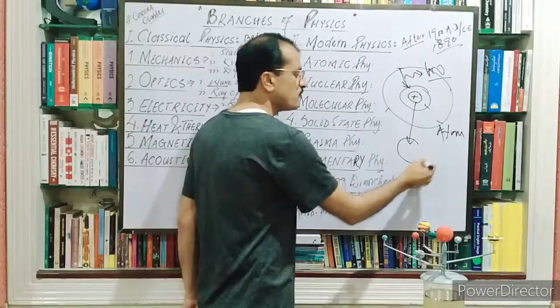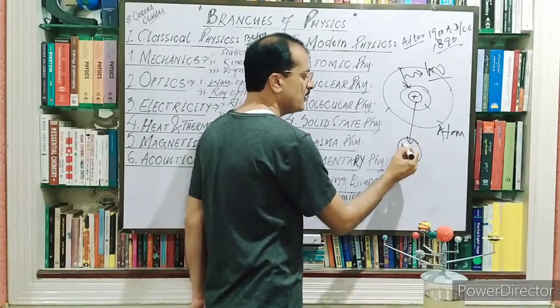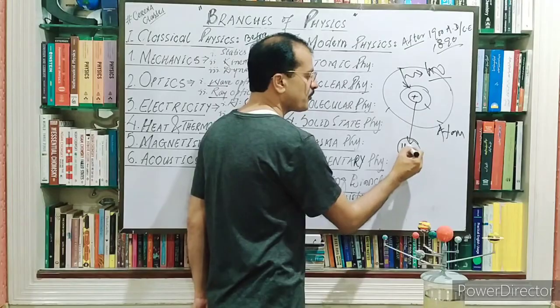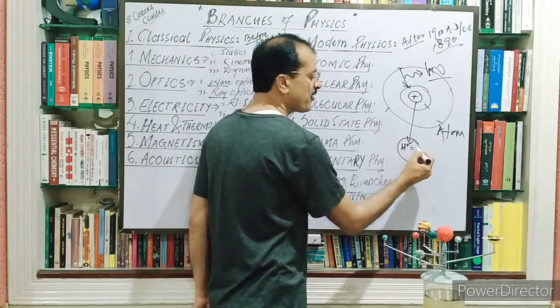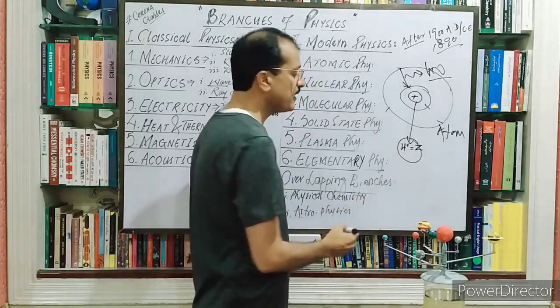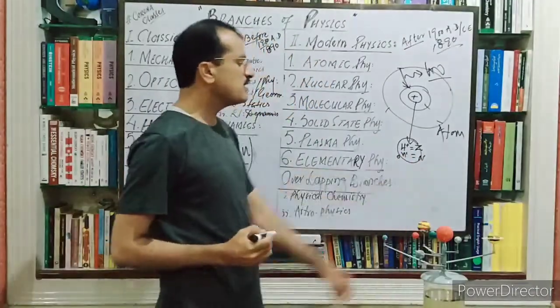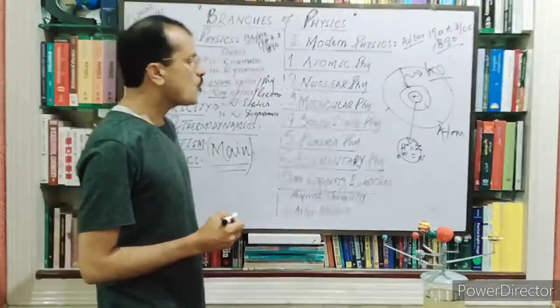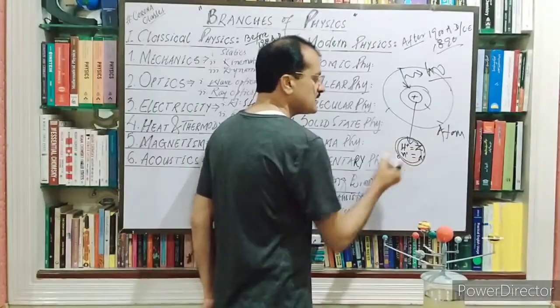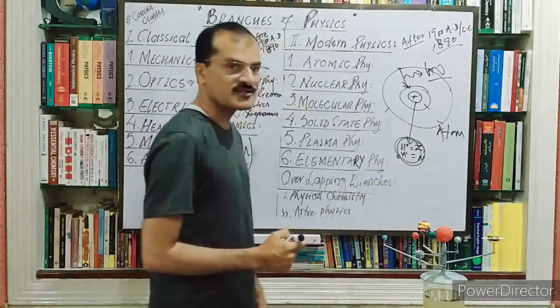In the nucleus we have discovered that there are protons, and the number of protons is represented by Z, and there are neutrons, and the number of neutrons is indicated by N. So the nucleus is made of protons and neutrons.